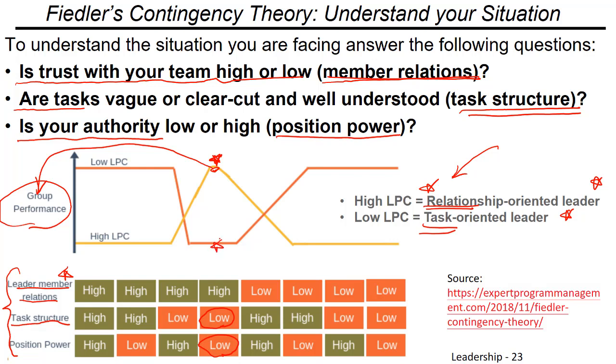If you assign somebody who has a more task-oriented leadership style, but the task is very fuzzy, and at the same time he doesn't really have the positional power to tell people what to do, then his performance may not be very good.